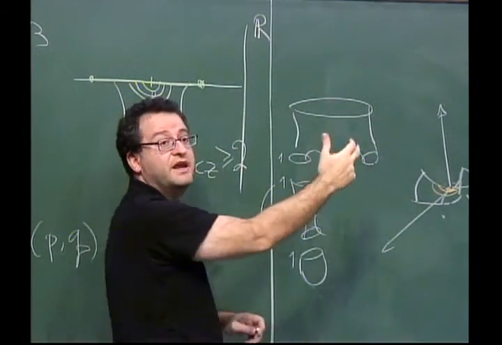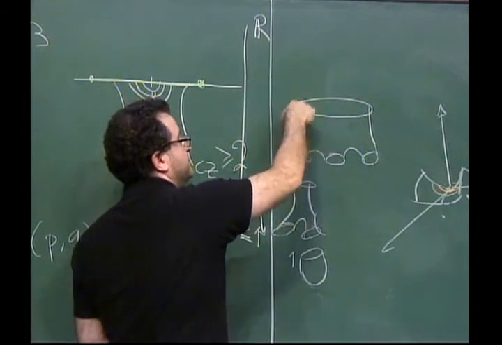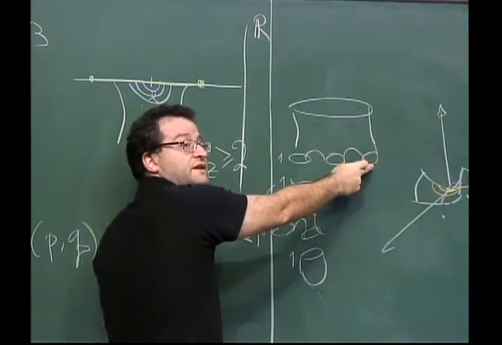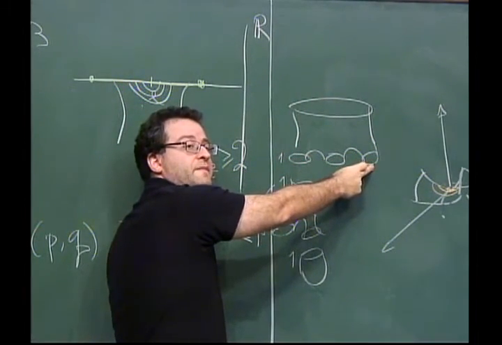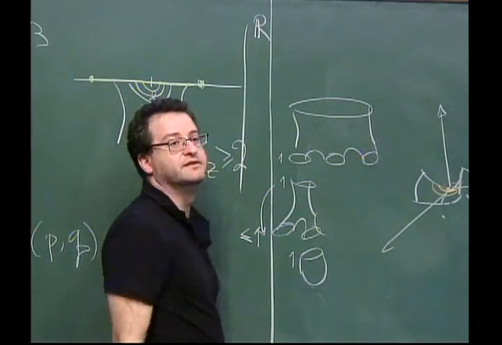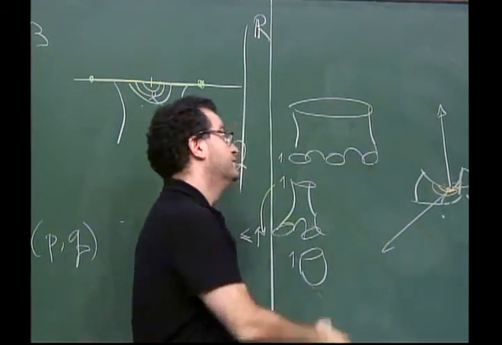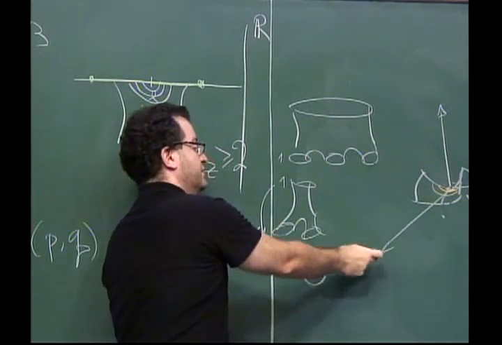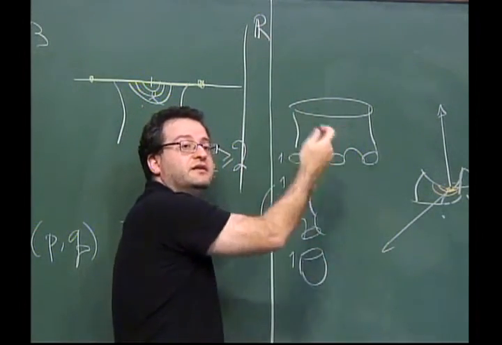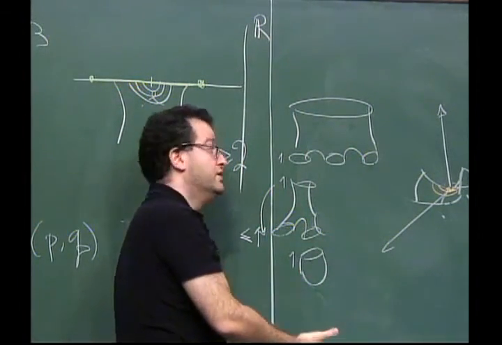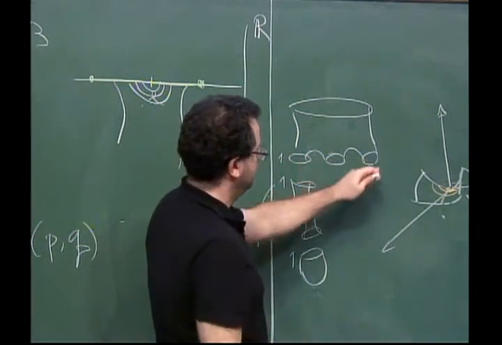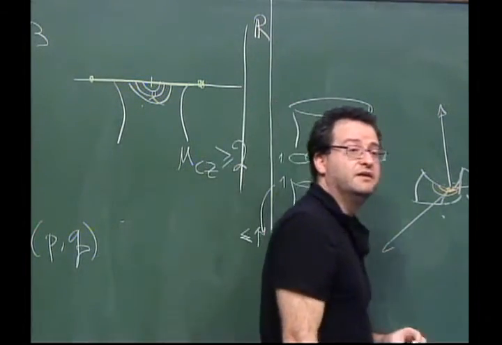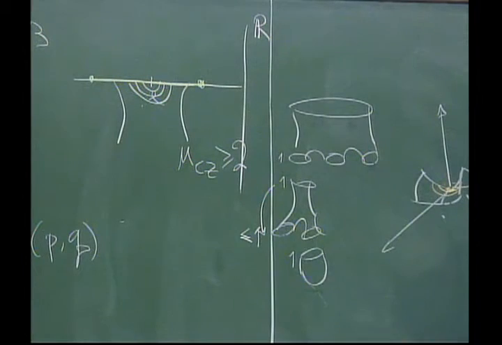And for generic J, this punctured disk cannot have index 3 as a negative puncture. So we can exclude this situation. Cannot have any index greater than 3 in this bubbling tree. So we conclude that all orbits in this bubbling tree have exactly Conley-Zender index 2.